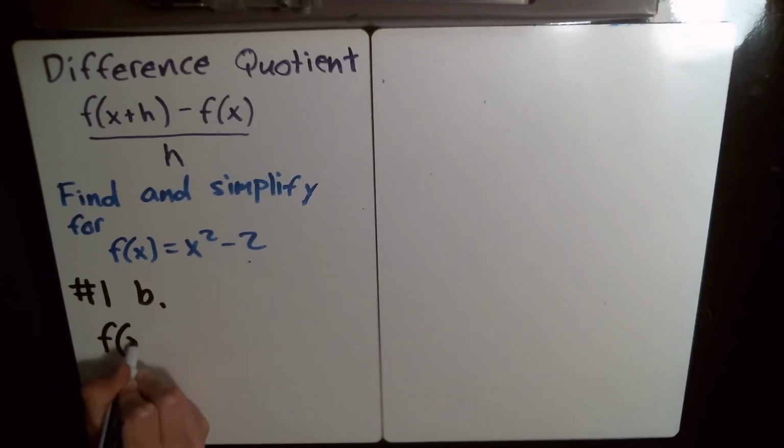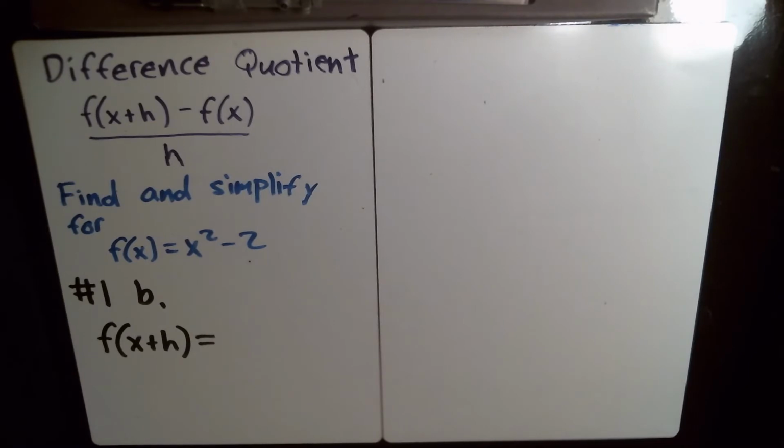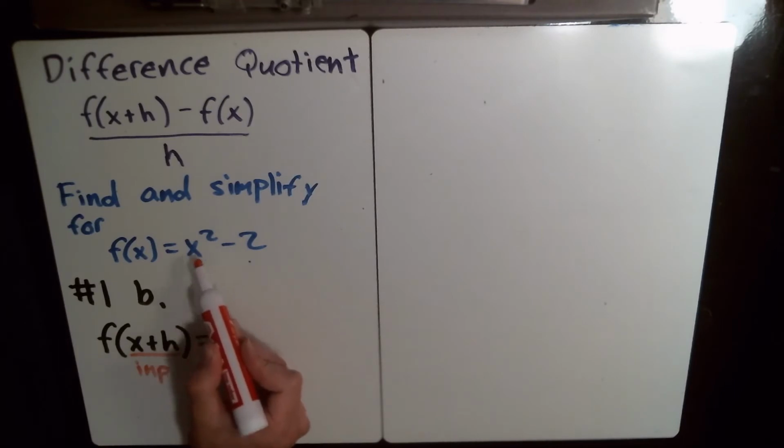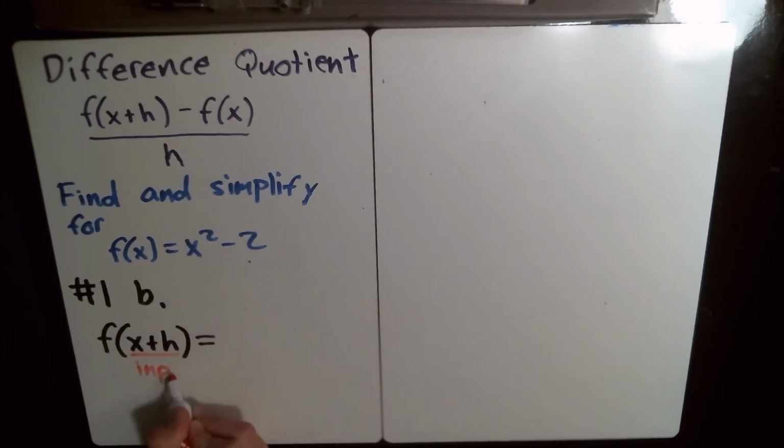So when you have f of x plus h, what does that mean? Well, whenever you put something inside the parentheses on your function, that is the input that you're putting in the function, right? If I had f parentheses 1, I would replace every x in the equation with 1, right?